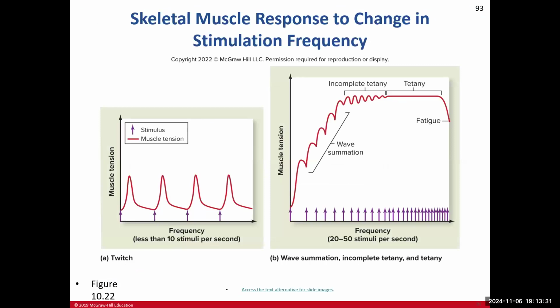So on the left side, when we're talking about individual muscle twitches, what you're going to see is we stimulate the muscle fibers. We get a contraction followed by relaxation. And then we'll just keep doing that as long as we give enough time for the relaxation to kick in. So now what we're going to do is increase the frequency. And as we increase the frequency, we're going to start to recruit more motor units.